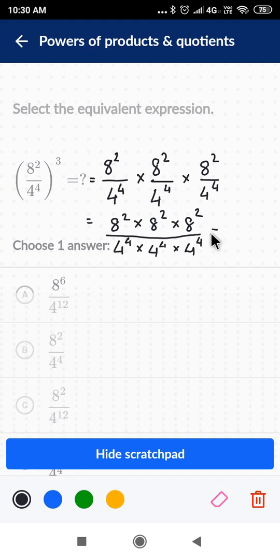That is equal to 8 to the power 6, because in multiplication the powers are added, and divided by 4 to the power 12. So the answer is option A.